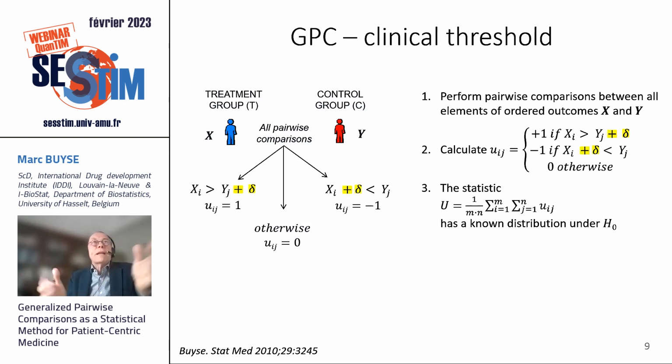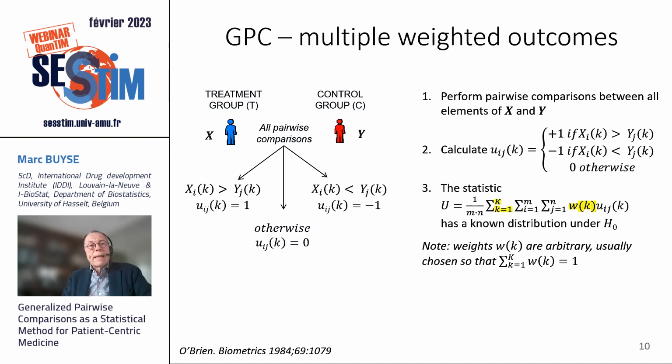Suppose, for example, I look at survival data and I want to compare two patients, but I'm going to call them different in survival only if one patient has a longer survival by at least 6 months compared with the other patient, or 12 months, or any type of difference that I'm interested in given the context of this particular experiment. So delta can flexibly be chosen as a threshold of clinical relevance. So that's another generalization of the test.